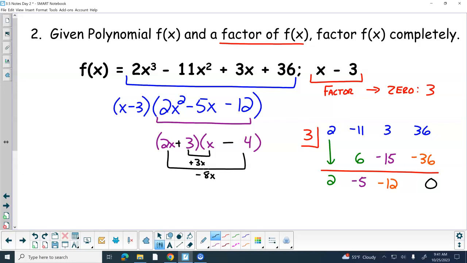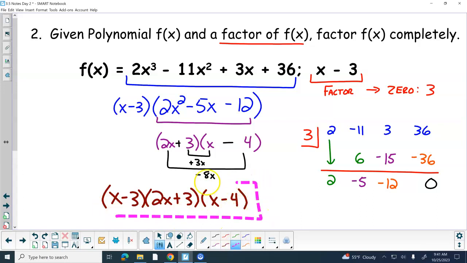Right? Okay? So the complete factorization here would be x minus 3, 2x plus 3, and x minus 4. That would be the complete factorization.